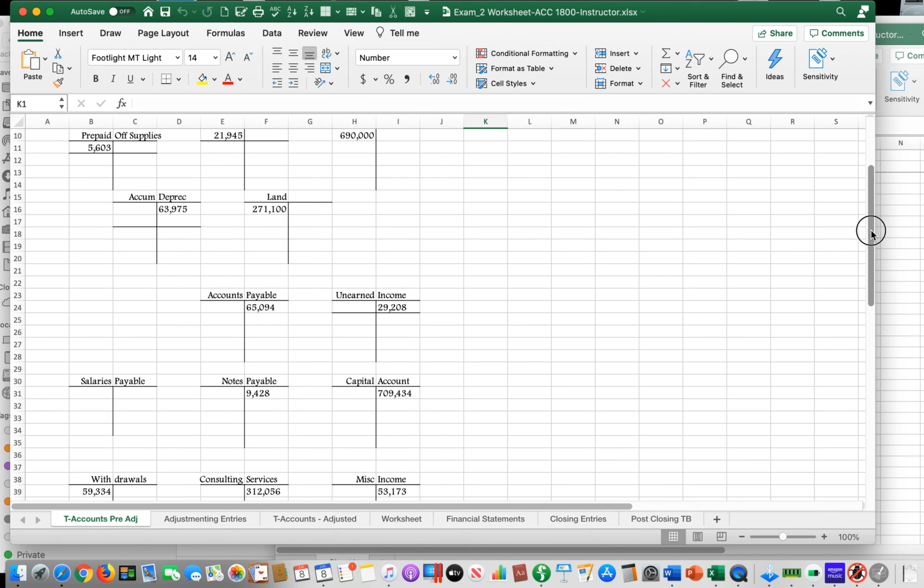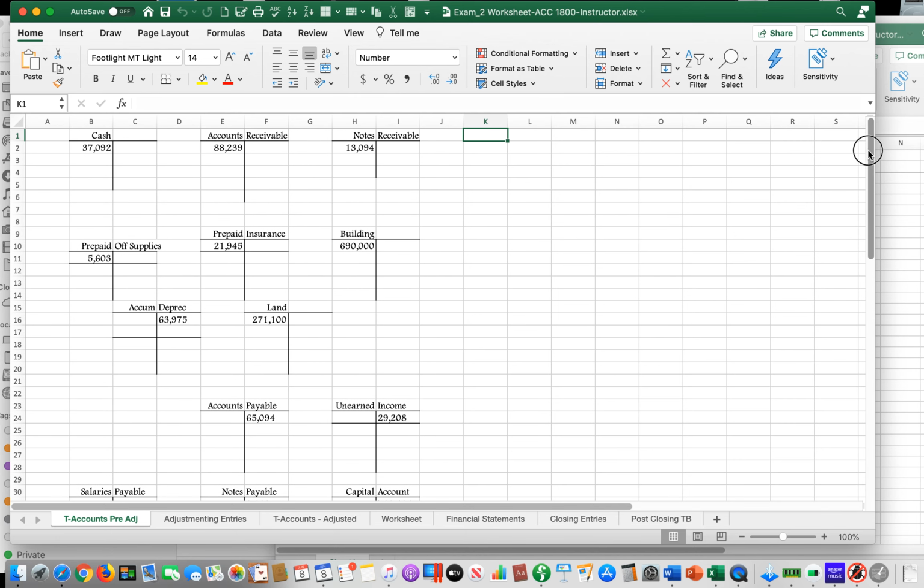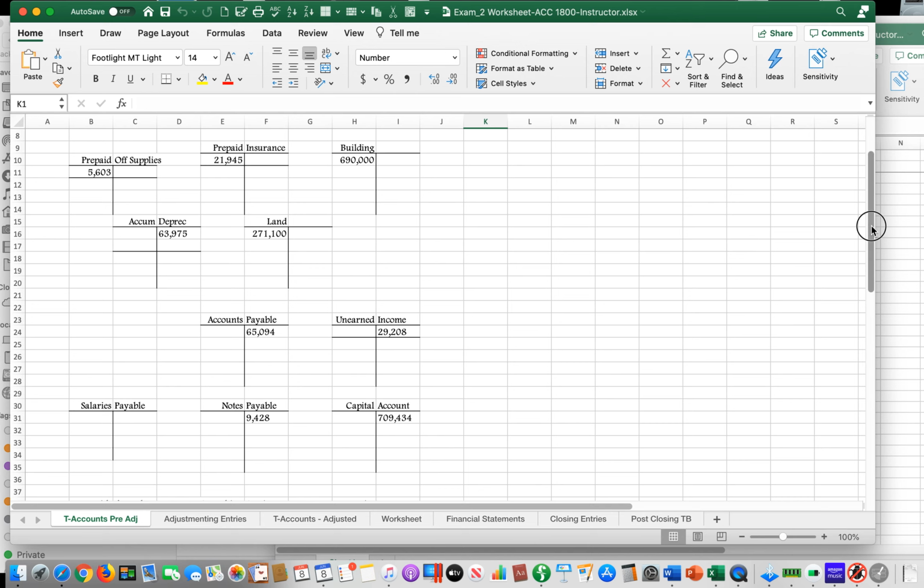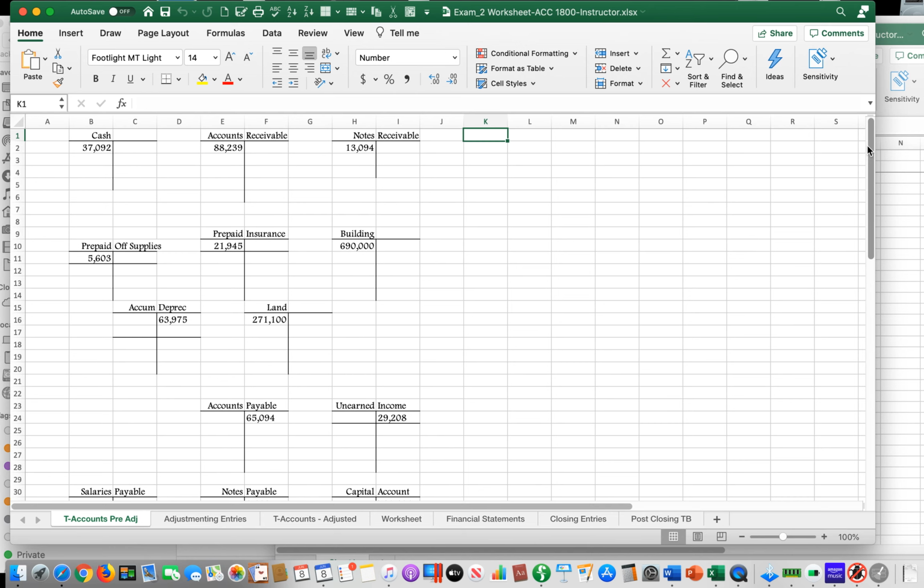So the first part, which is not shown here, is that the appropriate journal entries have been made, and they've been posted to the ledger, or posted to the general ledger, or in this case, posted to the T accounts. So now, the end of the month has arrived, and now adjusting entries have to be made.